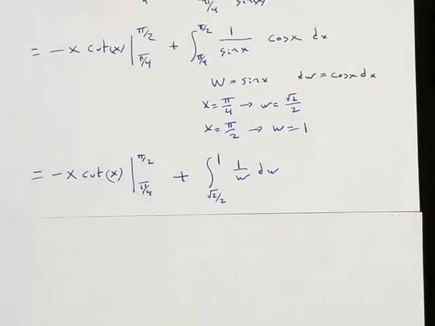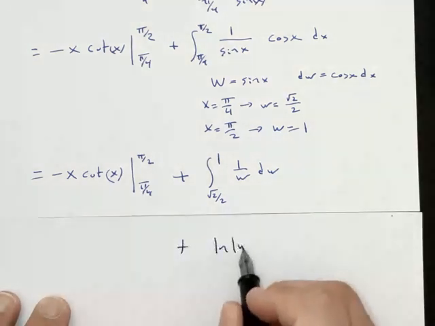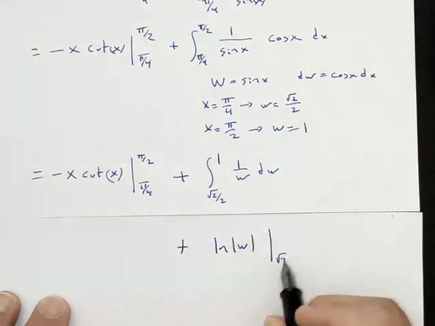You don't have to do that. You can leave it in X and go back at the end, right? I did say you could do that. But now I can plug it. I can do that antiderivative and plug in all my numbers. That's going to give me ln of the absolute value of W.